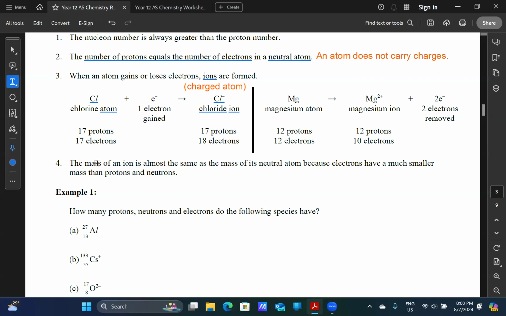If the atom loses one or two electrons, the mass of the atom will not change too much. That's the reason why the change to the mass of the ions is negligible. So we say it is almost the same as the mass of the atom.